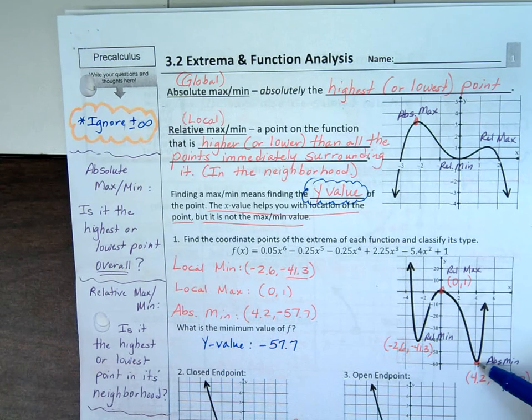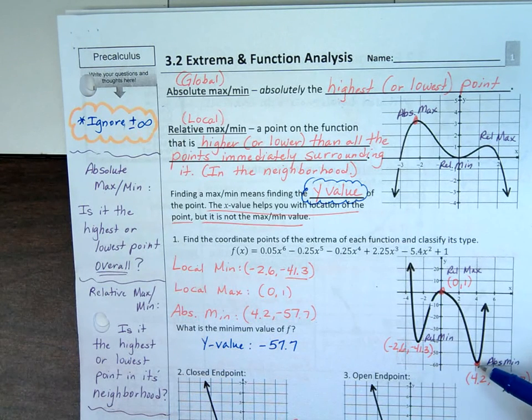And this point here was 4.2, negative 57.7. Now there are key points. When you're looking at maximums or minimums, right, extrema, you're looking at where the high points and the low points are. So you want to know what those coordinates are so you can answer the questions. So find the coordinate points of the extrema for the function and classify the type.